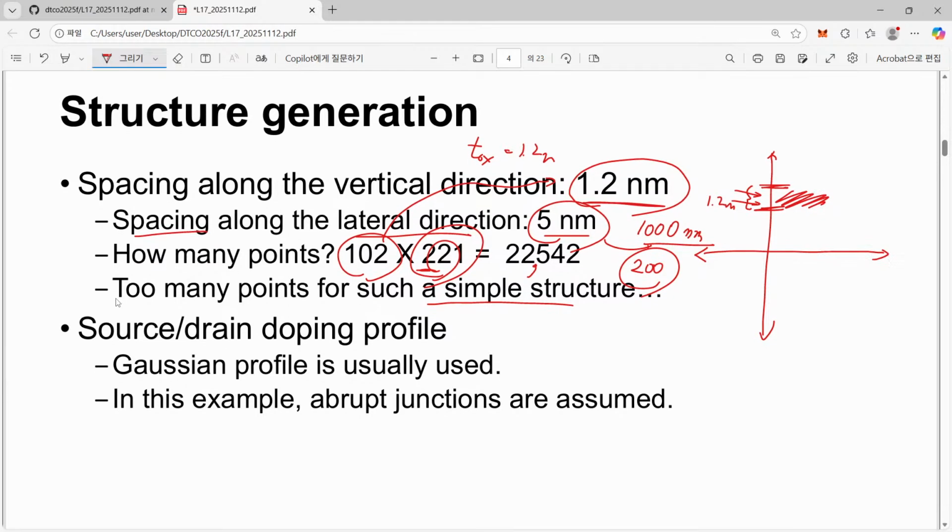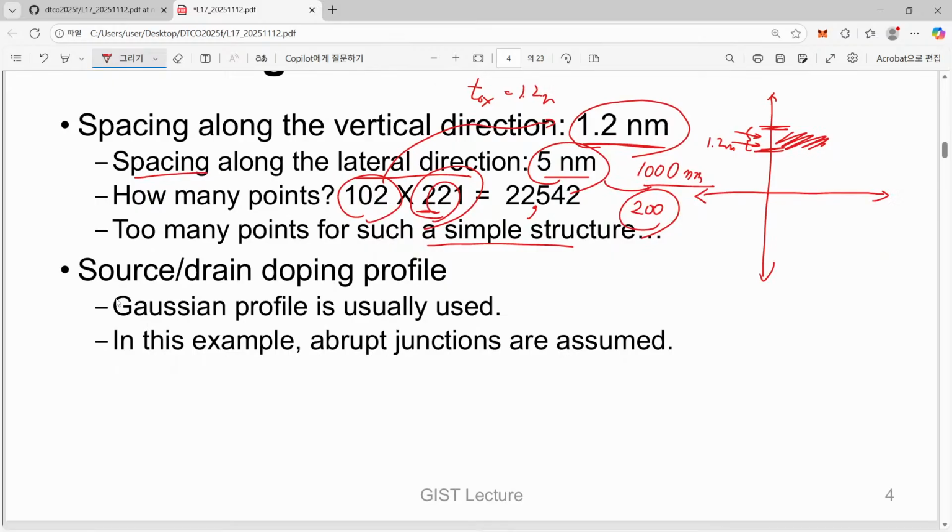And also, another one is that source and drain doping profiles are usually modeled with a Gaussian profile. Usually in a real case we have a spacer, and this spacer is used as a mask for ion implantation. On top of this spacer formation, ions are implanted from the top.